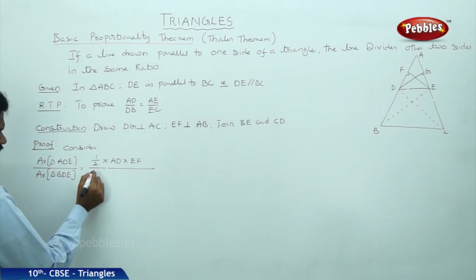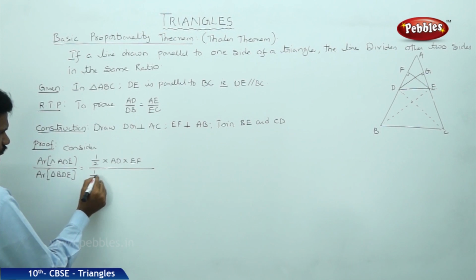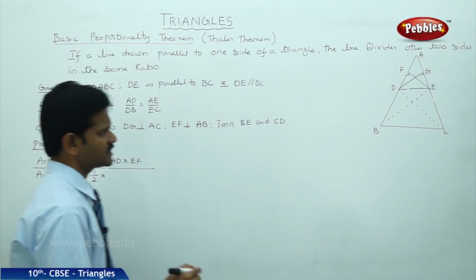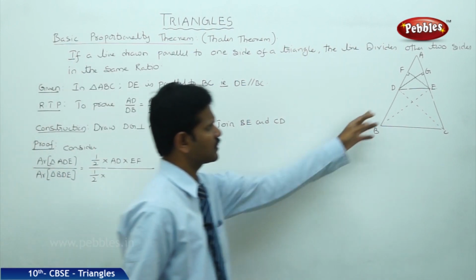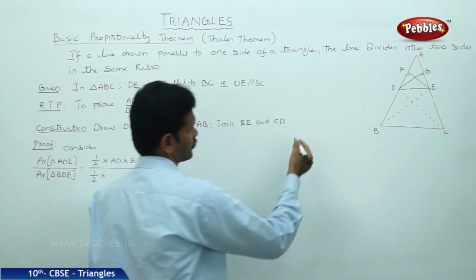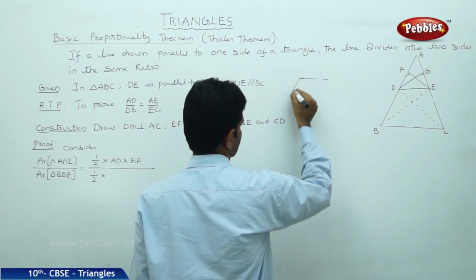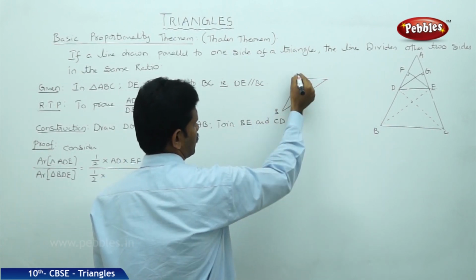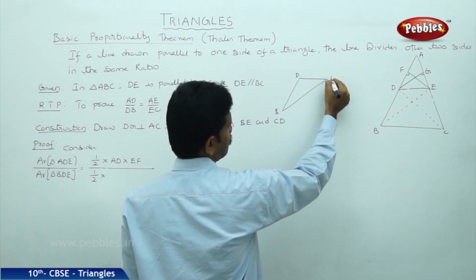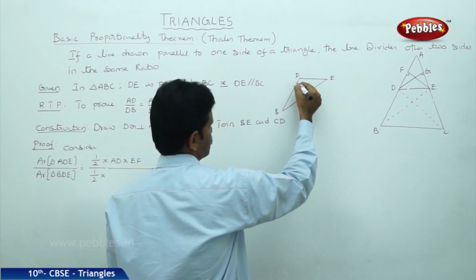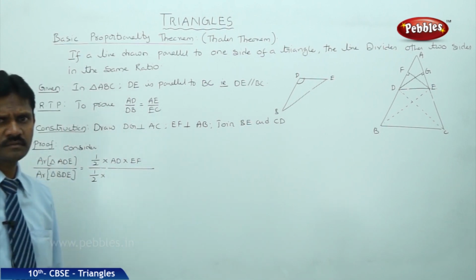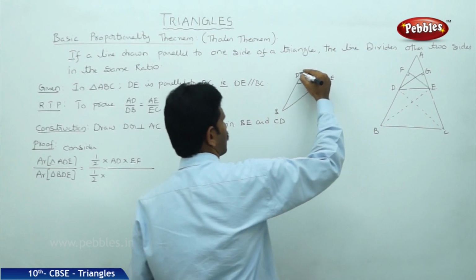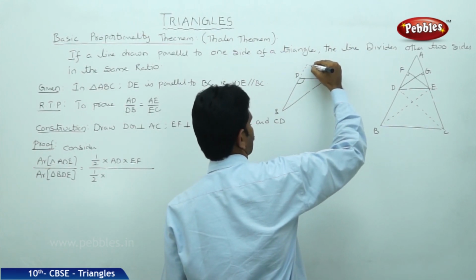Now let us consider triangle BDE. Half into base. Let us consider this part, BDE, which is an obtuse angle. We know very well, for an obtuse angle the altitude lies outside.